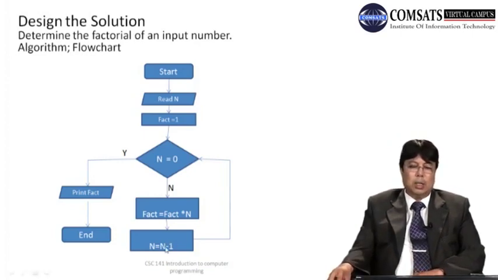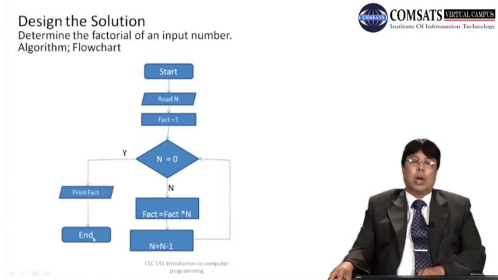Then comes the decrement. After decrementing the value of n, this loop is repeated again and again till the value of n reaches 0. Then we exit and then print the value of fact and end. So again, this flowchart has a start and end.